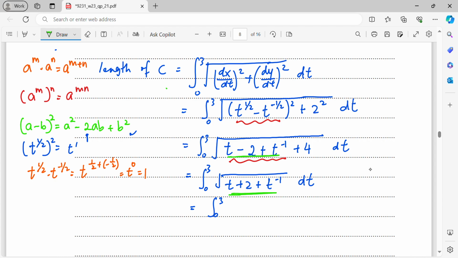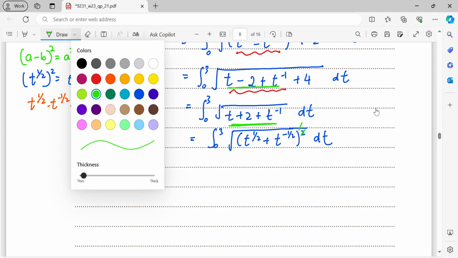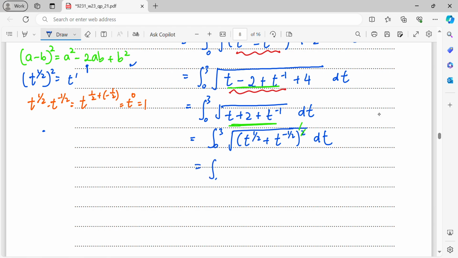So when the minus 2 changes to plus 2, it means that I have to change this minus to plus, because you get it from the square of this difference. So now it becomes square root of (t half plus t negative half), then you square it, and dt. Then from here, the square and square root will be cancelled off. Then I am solving the integration from 0 to 3 of t to the power half plus t to the power negative half.